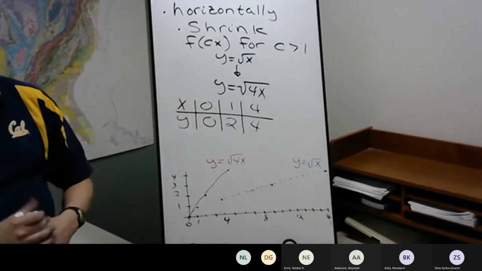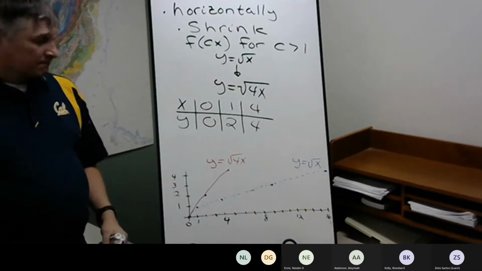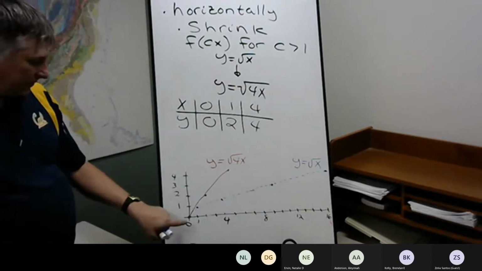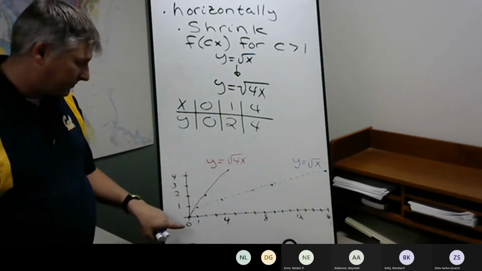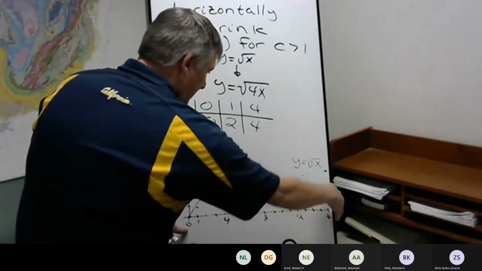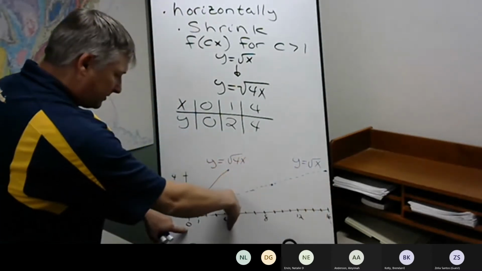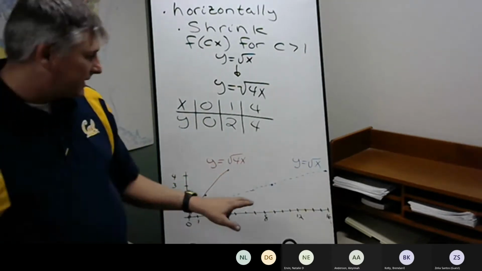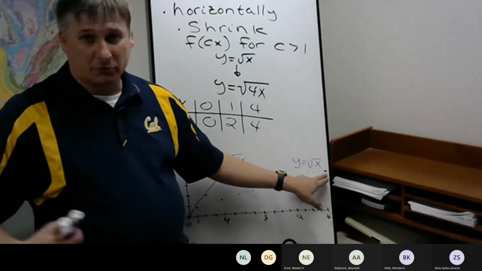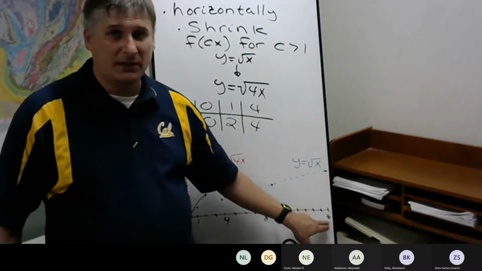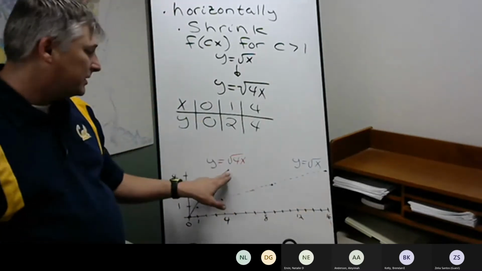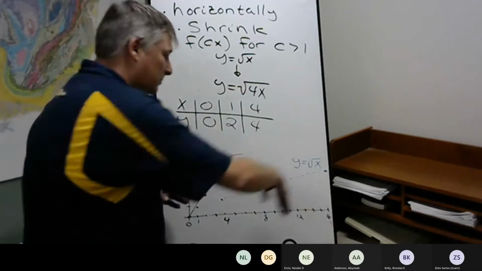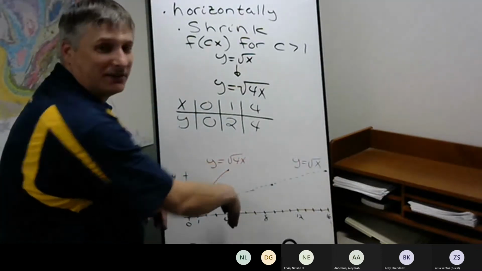So what's going on here? What we're doing is we're taking the graph of y equals square root of x from 0 to 16, and we're squeezing it down between 0 and 4. So to get a y value of 4 for square root of x, you've got to put in 16. But now we reach the y value of 4 at 4. So we're just squeezing this in.